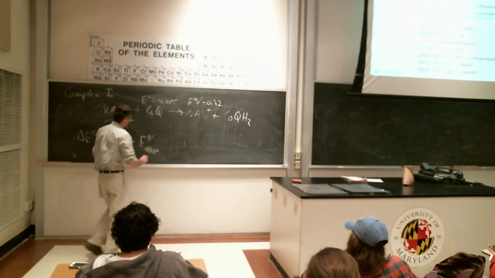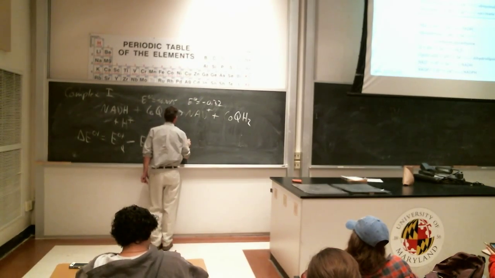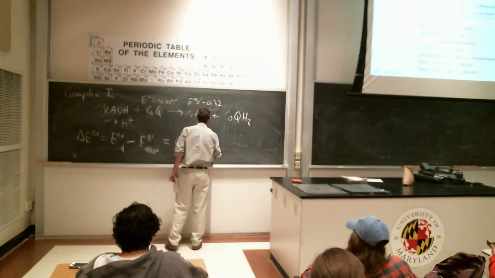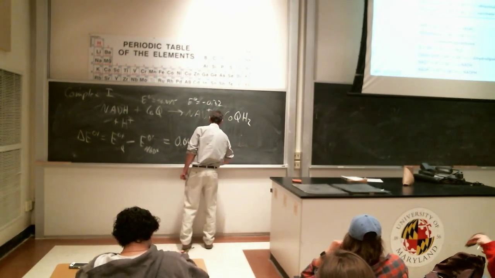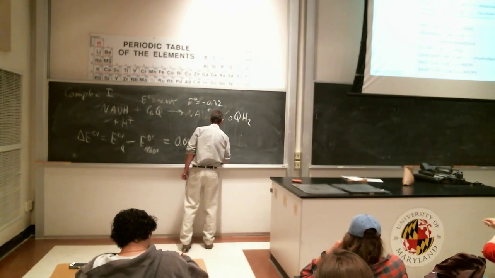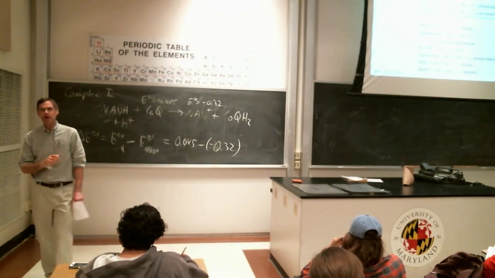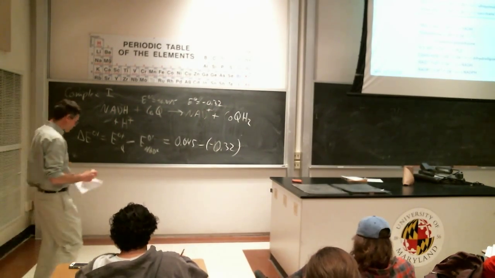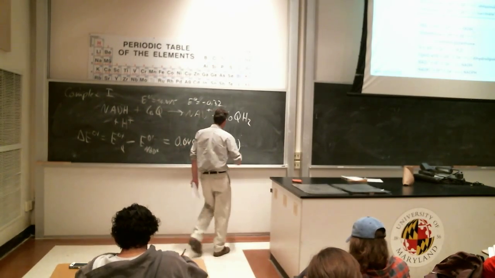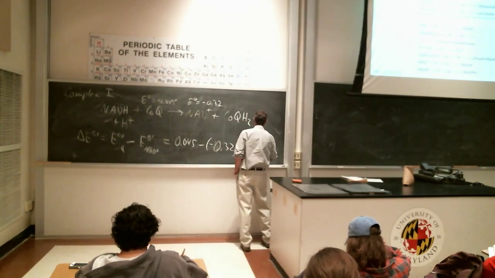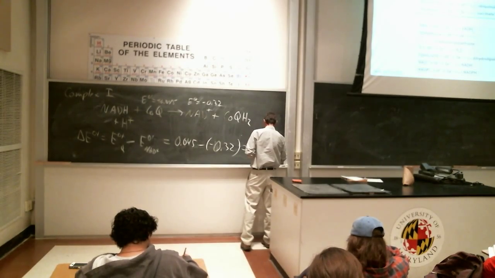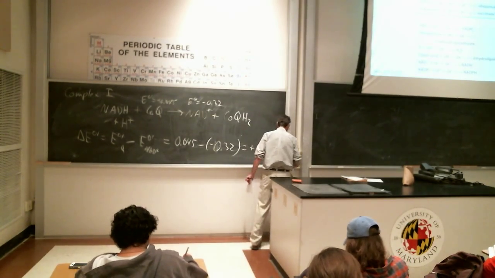If we plug those in, the delta E is 0.045 minus a minus 0.32, and that comes out to be plus 0.365 volts.